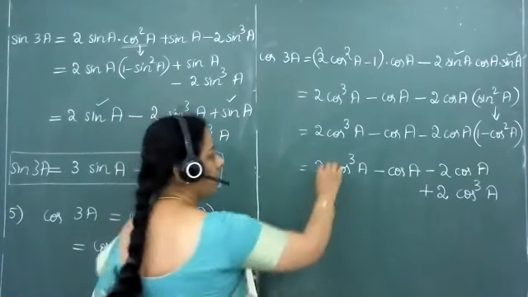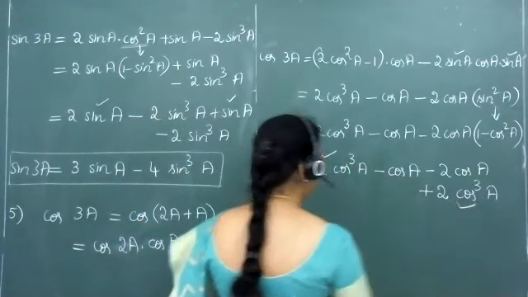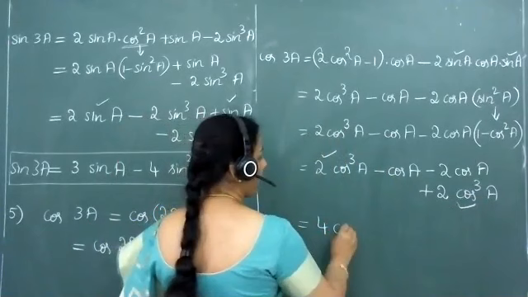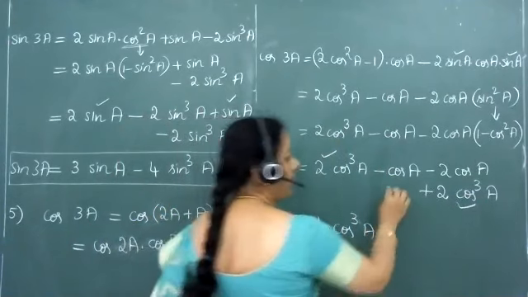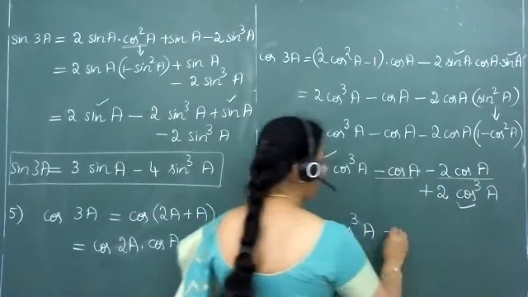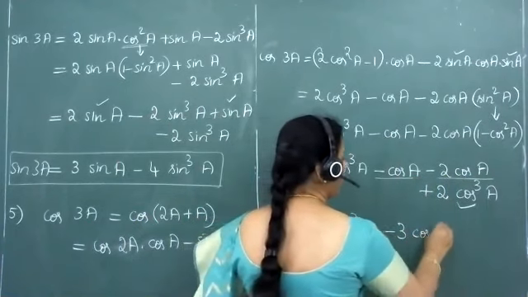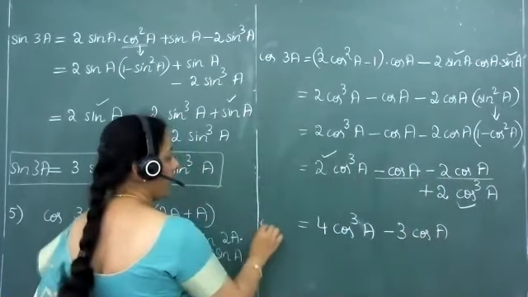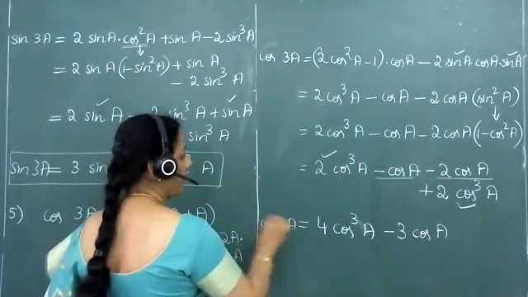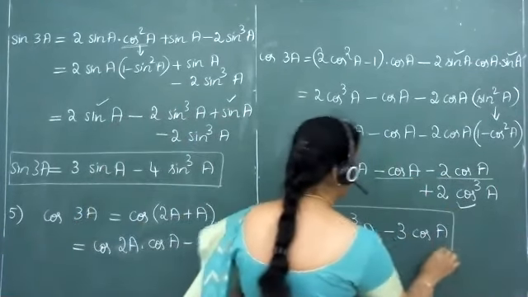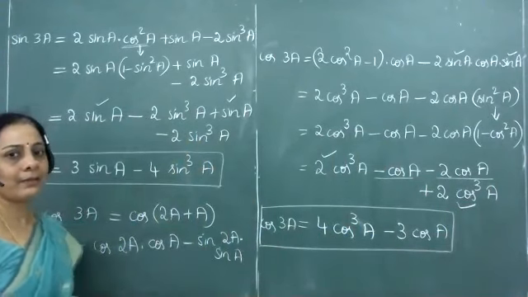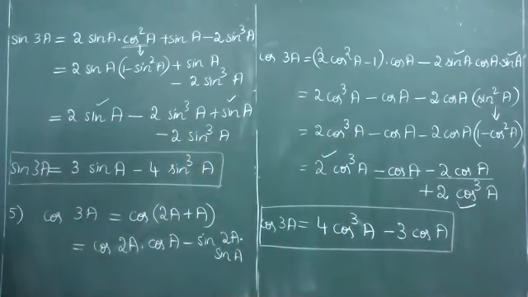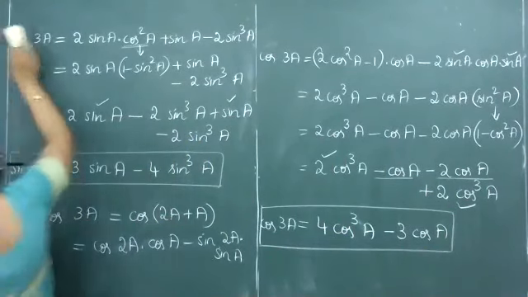Simplify them. 2 cos cube A plus 2 cos cube A gives us 4 cos cube A, minus cos A minus 2 cos A becomes minus 3 cos A, and so this gives us the formula of cos 3A. Cos 3A will be now equal to 4 cos cube A minus 3 cos A.